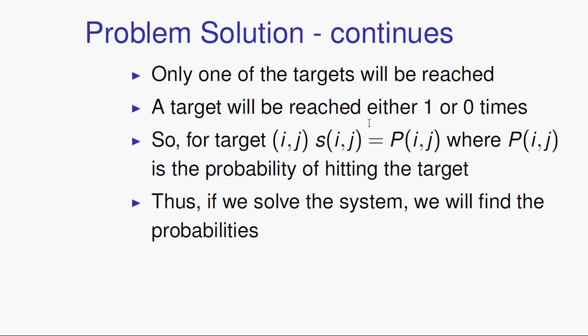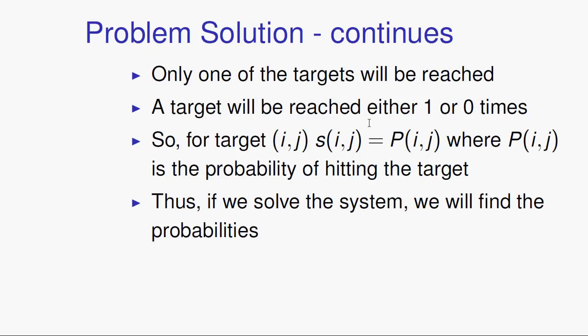So either the ball doesn't come to the target at all, and that gives a 0 summand to the expectation, or it comes to the target once with probability P of ij, and this gives the summand P of ij to the expectation. There are no other summands in the expectation because the ball cannot come to the target more than once.